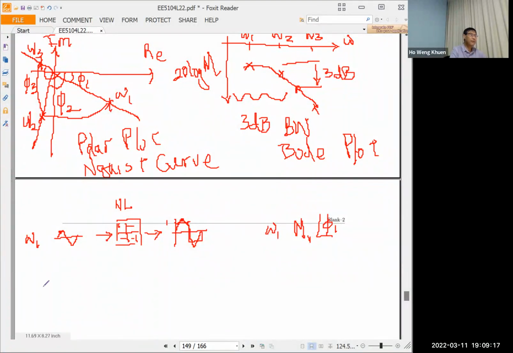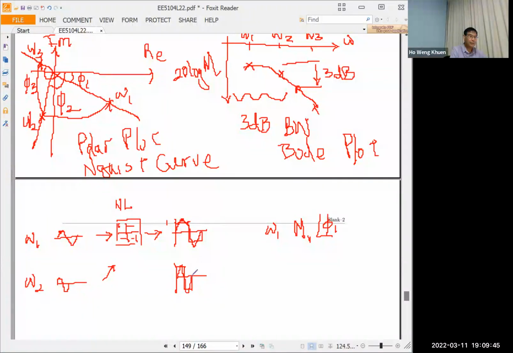So like before, we will do omega 2. You go inside, then come out, you will see also a square wave, but at a higher frequency, omega 2. Then you still pretend or approximate that it is a sine wave.